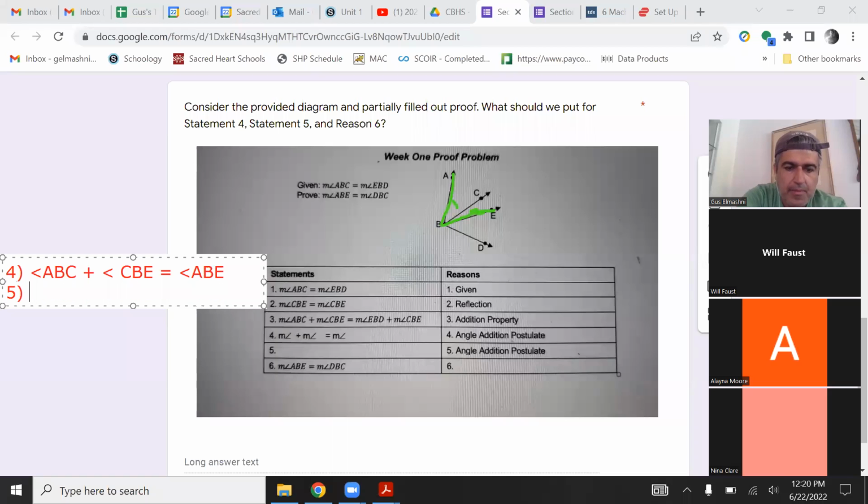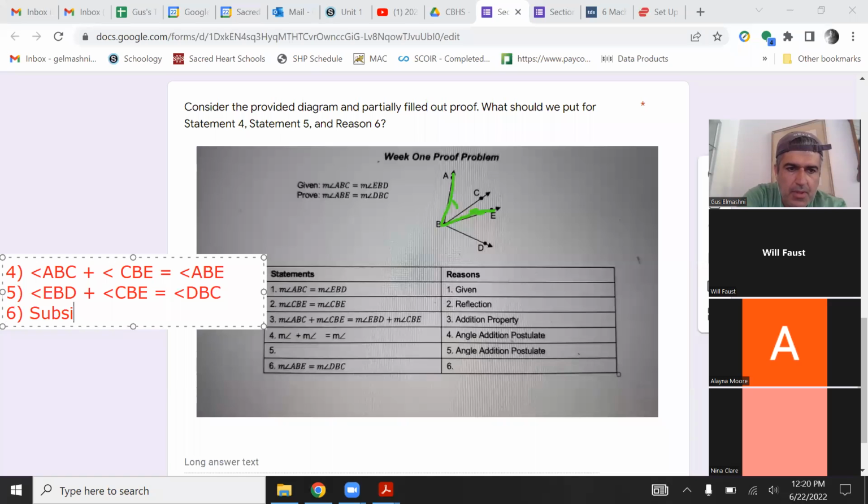And 5 will be angle CBE plus angle EBD plus angle CBE equals angle CBD, or DBC we'll say. And then 6 will be substitution.